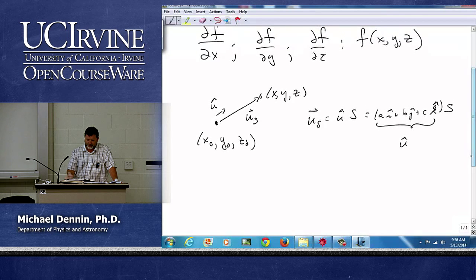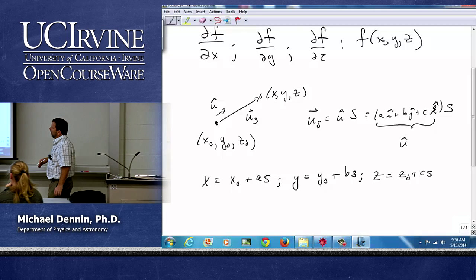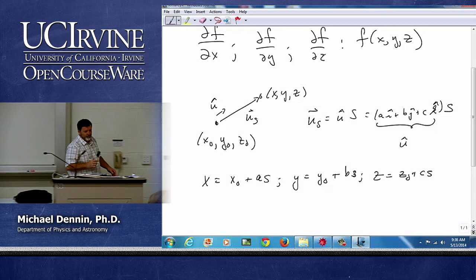the first thing I notice is a fairly simple relationship between x, y, z and x naught, y naught, z naught, and so on. Whoops, I don't know why I keep writing a for each of these. And so we're going to use this to compute our changes.